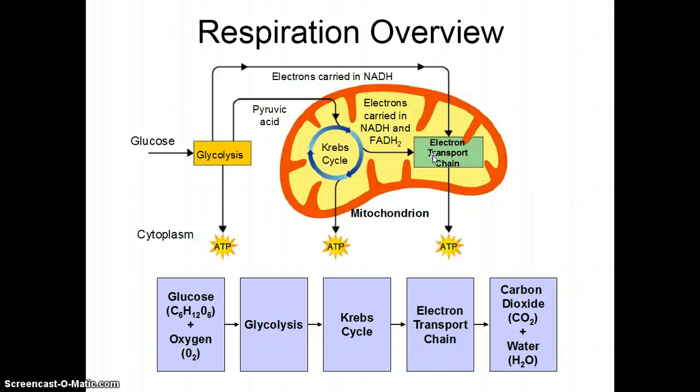And the waste products of carbon dioxide and water are the waste products that we breathe out in the end. So the entire process involves 3 major things: glycolysis, the Krebs cycle, and the electron transport chain.